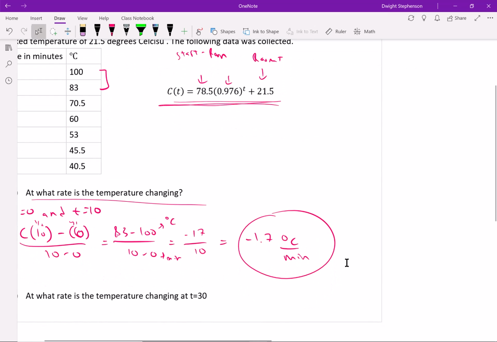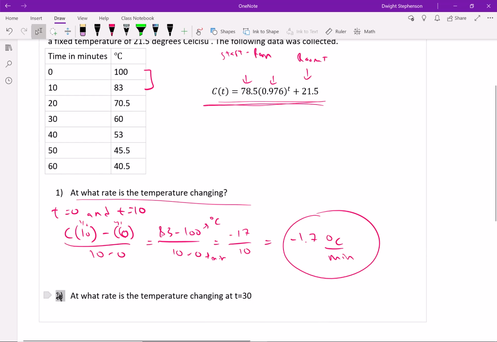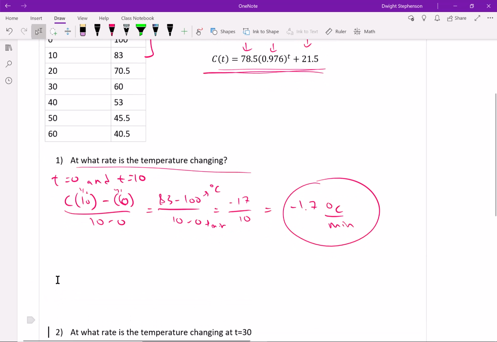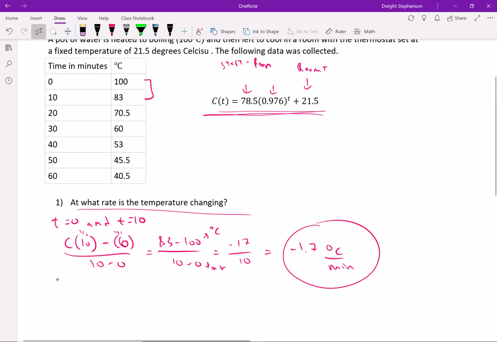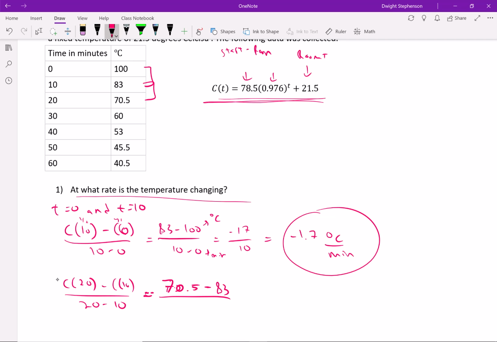And so you might say, hey, that's how fast the temperature is changing, negative 1.7. But if you consider a different time interval, let's say this one between 10 and 20, then we would do c of 20 minus c of 10 over 20 minus 10. In this case, we would get 70.5 minus 83 over 10, right? 20 minus 10 is 10.